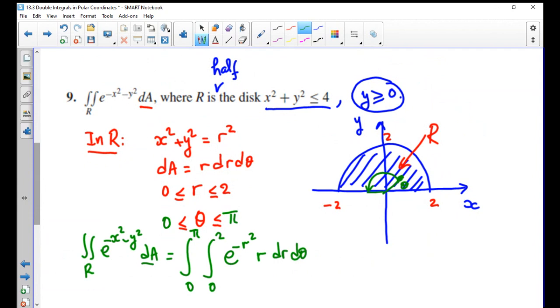Are you okay with this? Because what you see here is minus r squared.